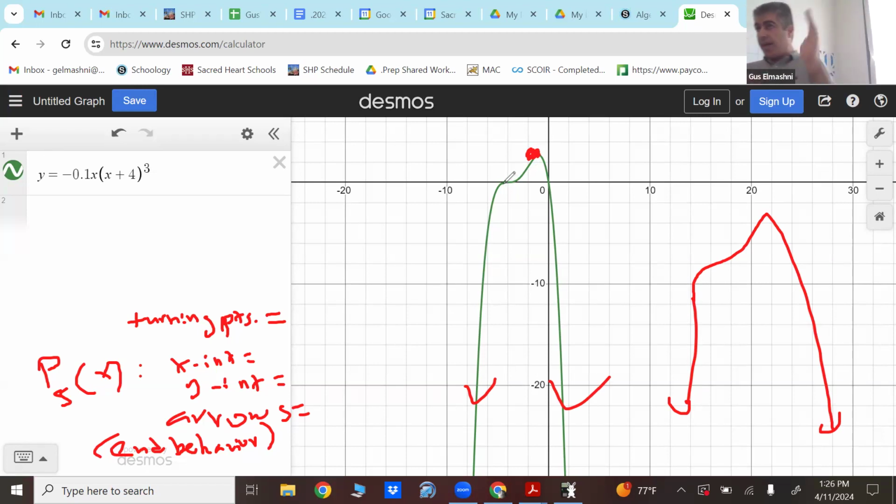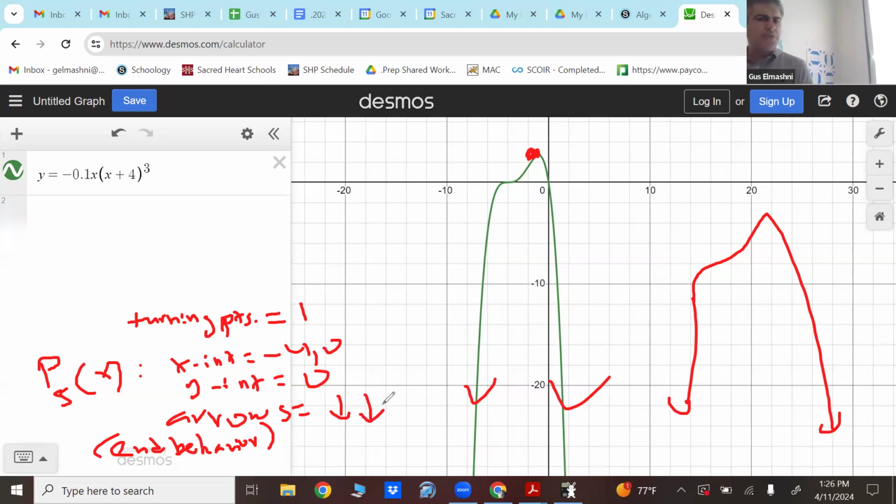Turning point means you change from going up to down. Think of a roller coaster, right? When you start seeing a change in whether you're going up or down. So I see just one turning point here. The x-intercepts look like it's -4 and 0. The y-intercept is 0, and the arrows go like this. Okay.